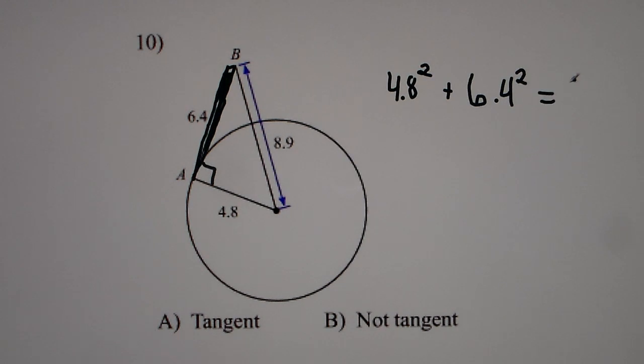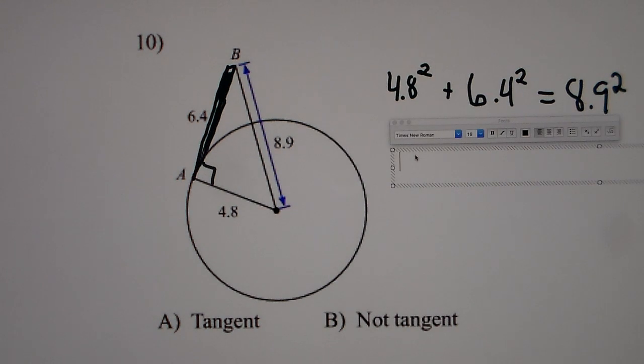Does that equal 8.9 squared? Well, 4.8 squared is 23.04. 6.4 squared is 40.96. And 8.9 squared is 79.21.